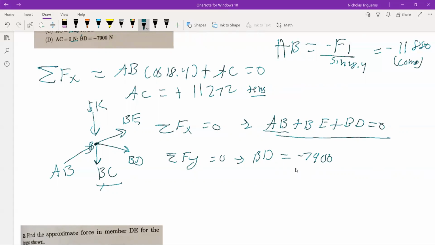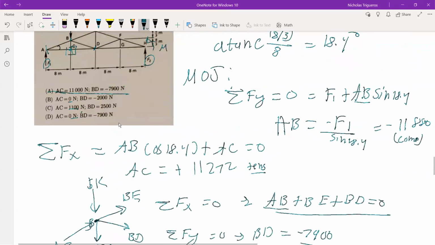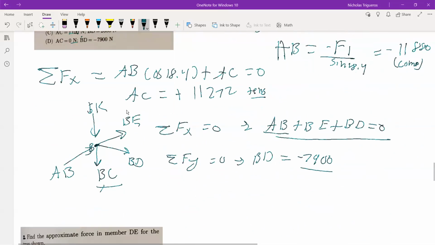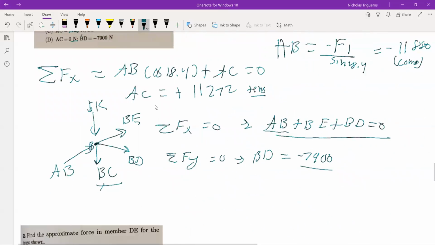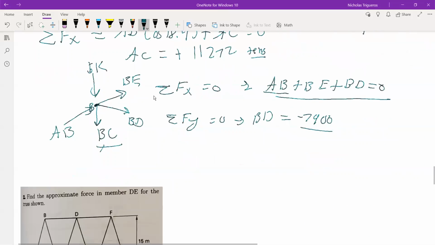We go here, we get our second equation, 2 equations, 2 unknowns. You solve for them, and you get BD, which is totally fine if you want to do it. But in the FE, when you're on a time crunch, I don't recommend going that far just to confirm your answer when you already have a pretty good guess. Just go for it.